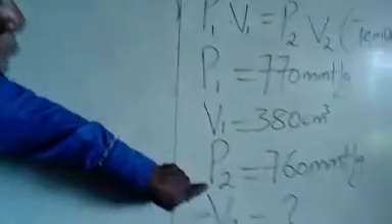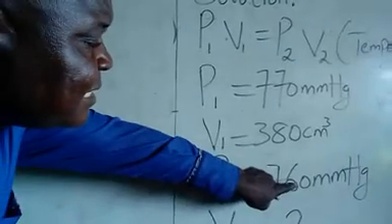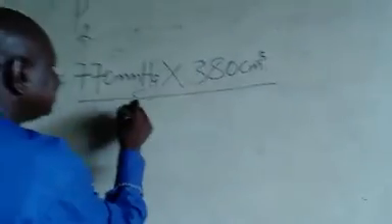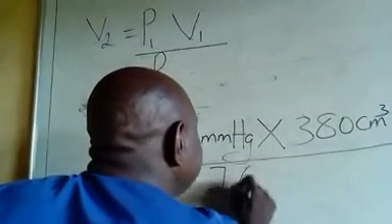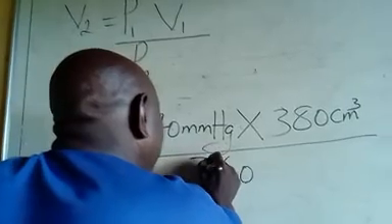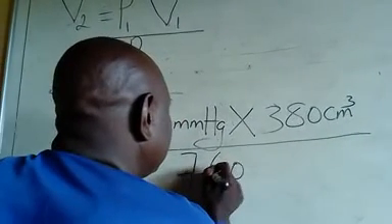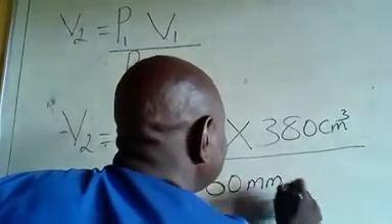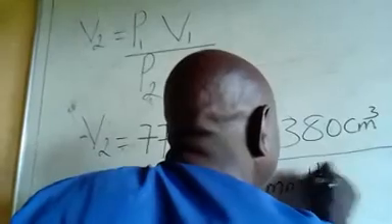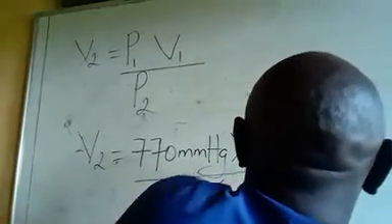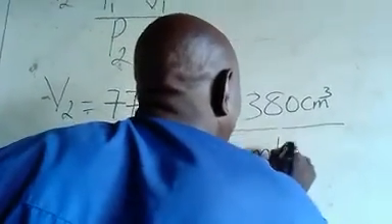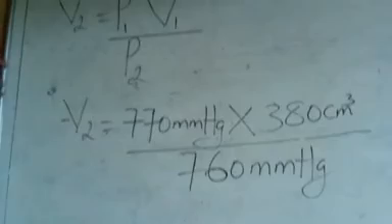Our P2 is 760 millimeter of mercury. Okay?